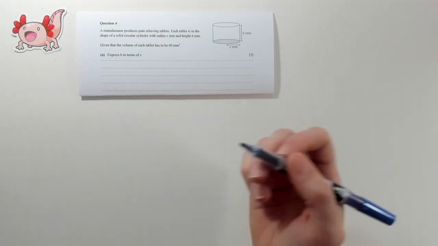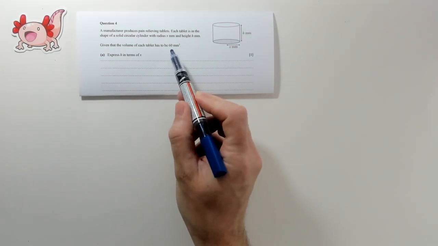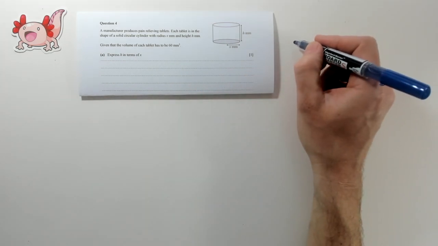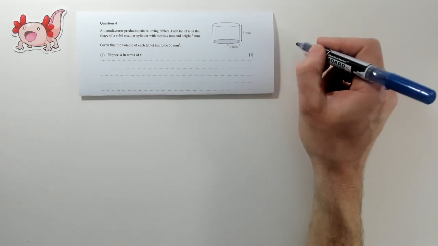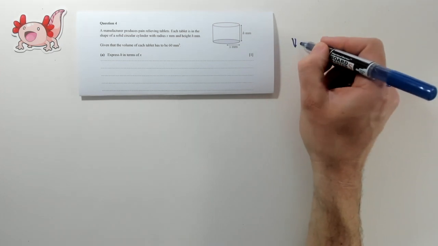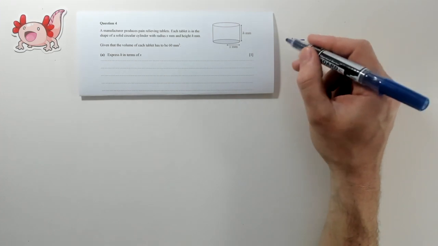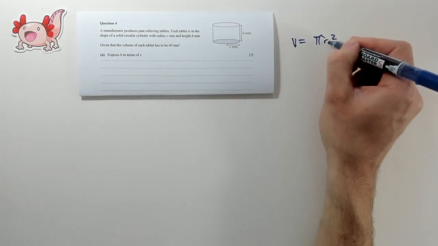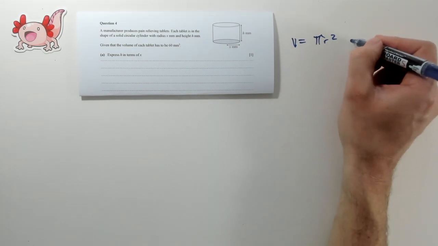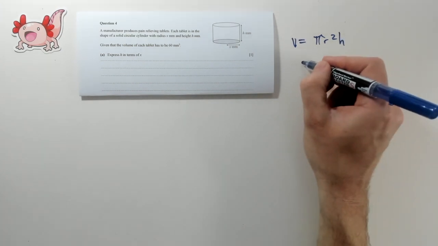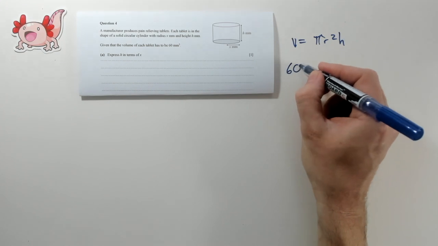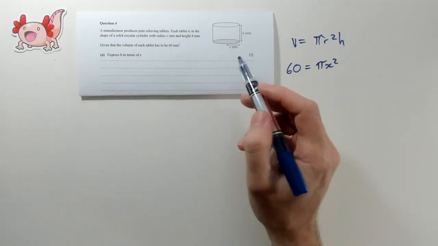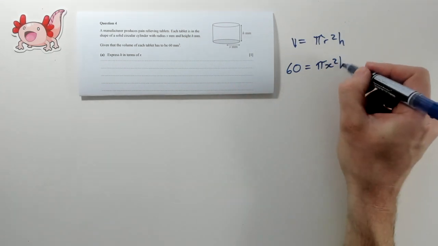So I'm going to start off with the part they give me here, and this is the volume. I know that the volume is the base, which is pi r squared, and in this case, it's actually pi x squared, so I'll change that now, times the height. So I know 60 is going to be pi x squared, because the radius is x, times height.